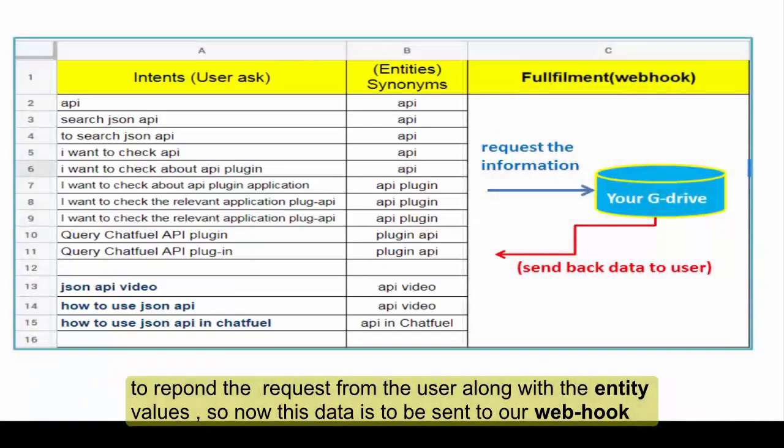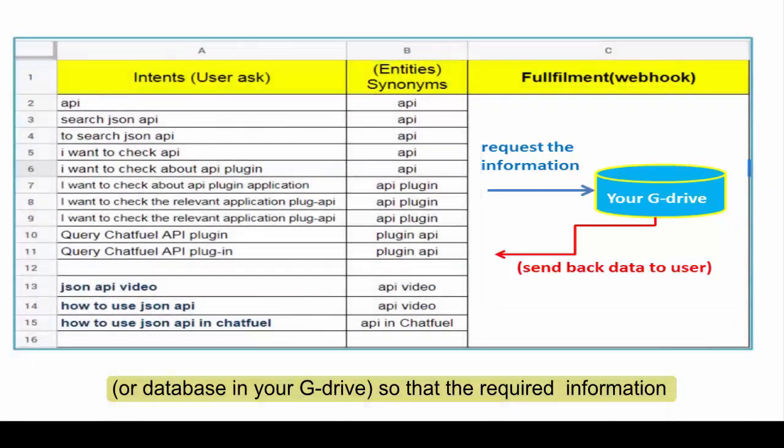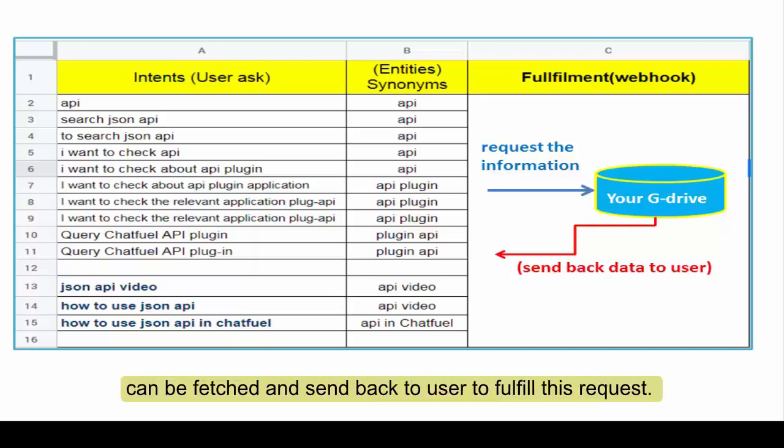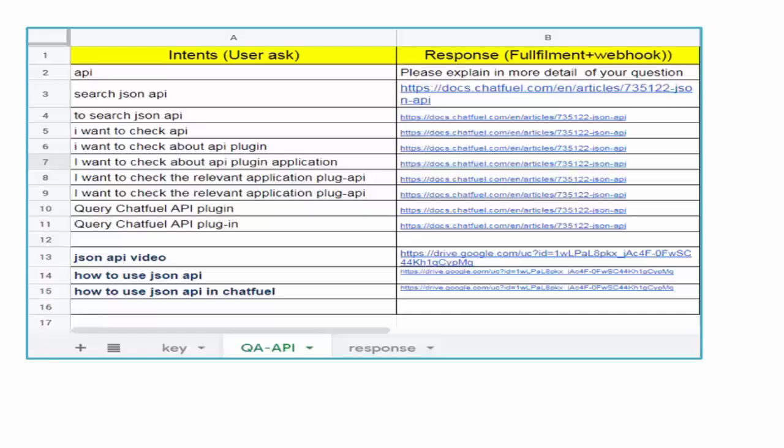So now, this data is to be sent to our webhook or database, in your Google Drive for example, so that the required information can be fetched and sent back to the user to fulfill this request, as you can see in this diagram.